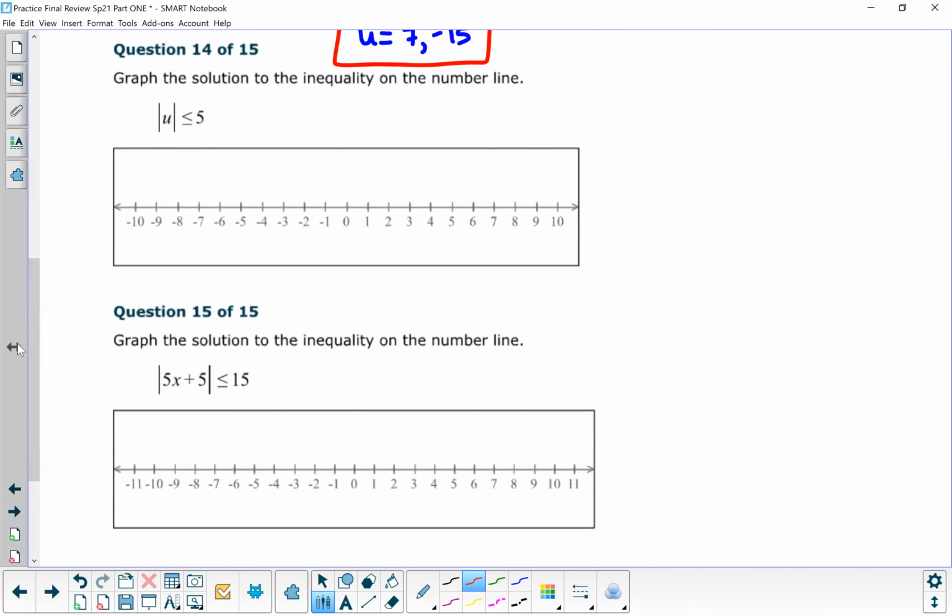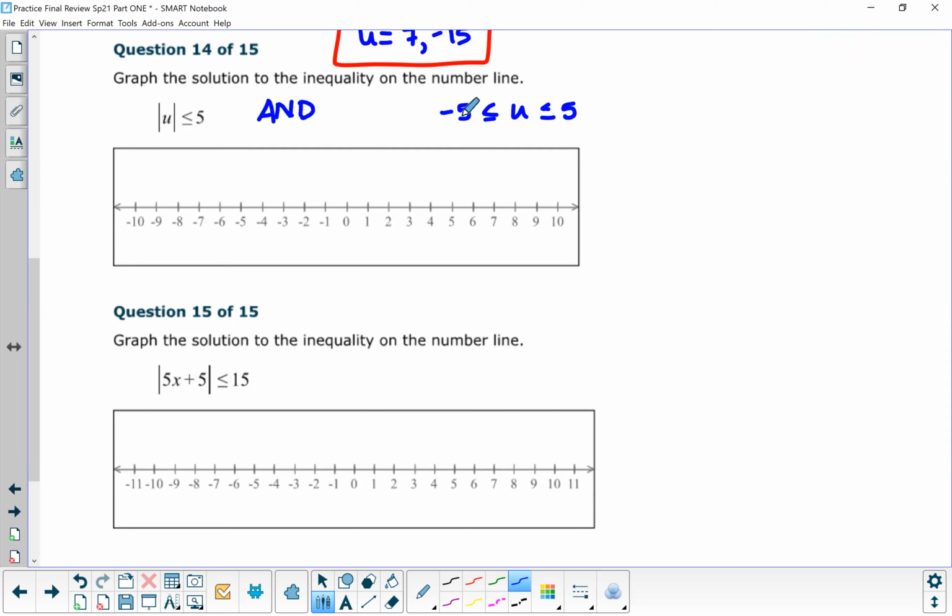All right, here we have graph the solution to the inequality on the number line. So we have the absolute value of u is less than or equal to 5. Now remember, this is a compound inequality and it's less than or equal to. So this is going to be an and, or an intersection. So this turns out to be u is less than or equal to 5 and greater than or equal to negative 5.